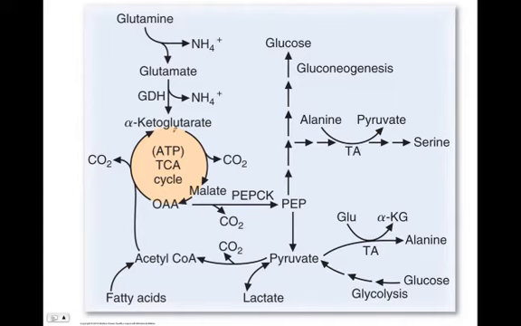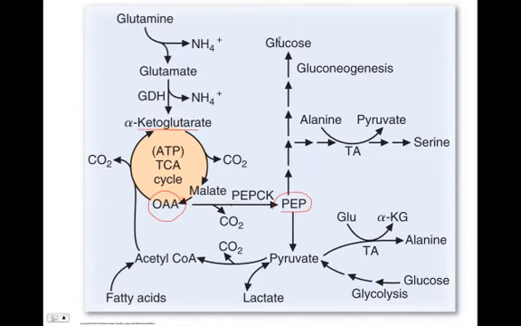The complete oxidation of glutamate is shown here, where glutamine is again deaminated by glutaminase. Glutamate is deaminated by glutamate dehydrogenase to generate alpha-ketoglutarate. From here, alpha-ketoglutarate can be oxidized in the TCA cycle to oxaloacetate. Oxaloacetate, once into the cytosol, can be converted to PEP by PEP carboxykinase.